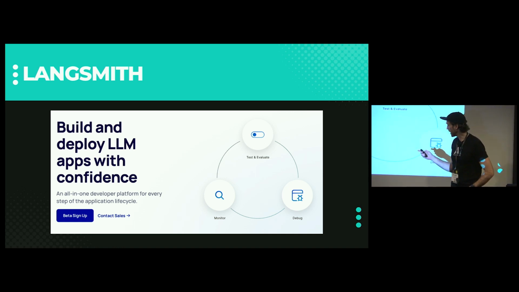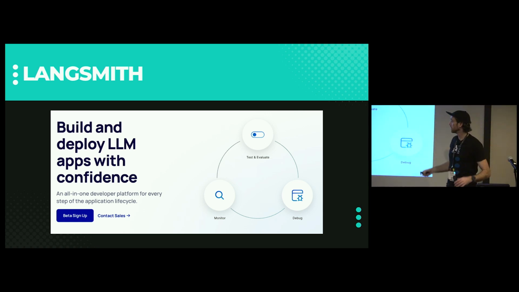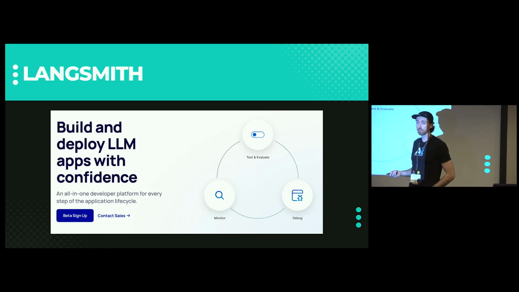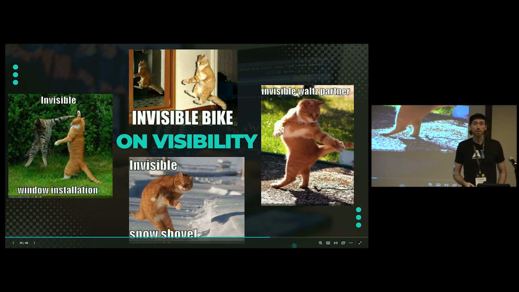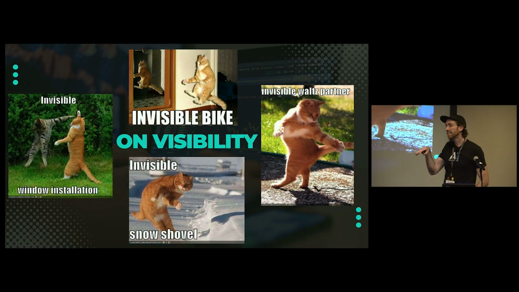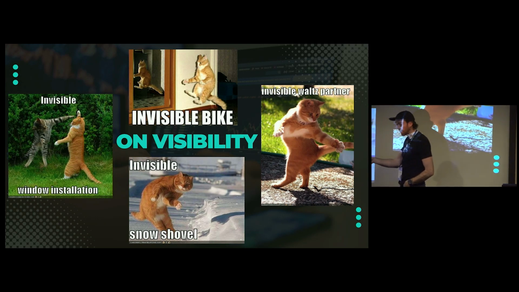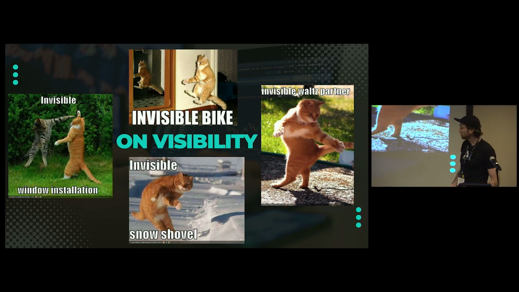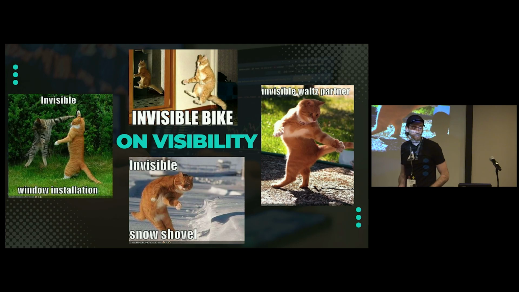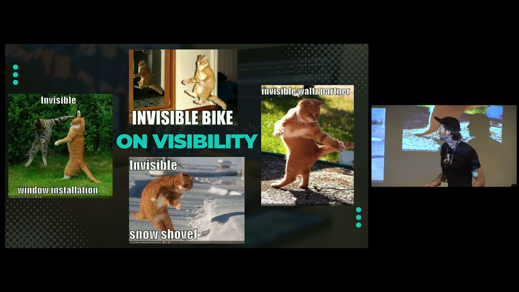But for now, what we want to do is show you a little bit about, at even the highest level, it's not just about evaluation. It's much more than that. It's also about when stuff breaks, how can you figure out what's going on? How can you actually look inside and be like, can I see inside the beast, inside the machine? Is it visible to me? And visibility is sort of the precursor to observability, right?